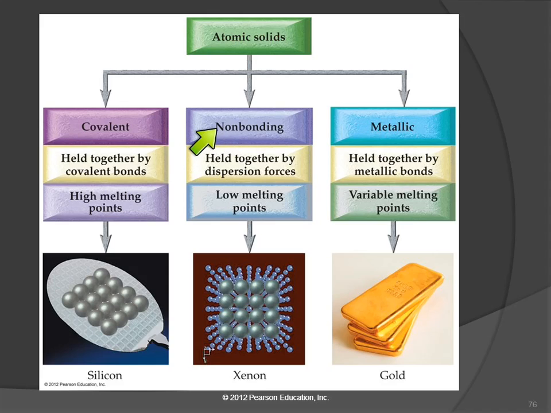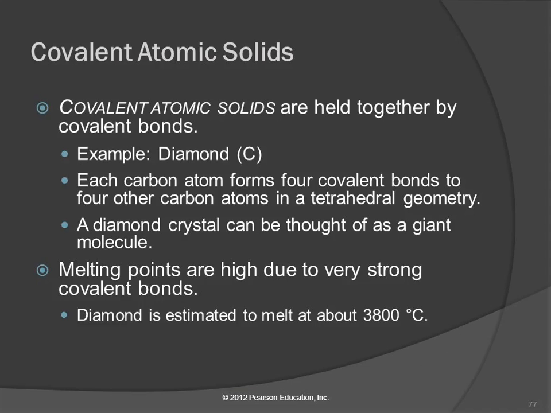You can have a non-bonding solid, where the dispersion forces are the only thing holding it together. These are going to have much lower melting points. Covalent solids have high melting points because covalent bonds are very strong compared to these dispersion forces. And then we have metallic bonds, the sea of electrons. And these are going to have variable melting points.